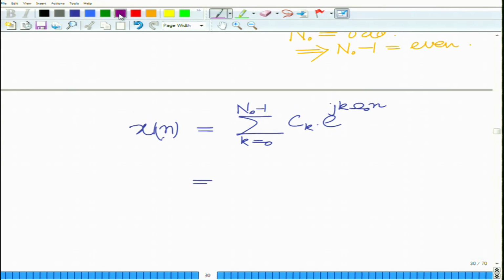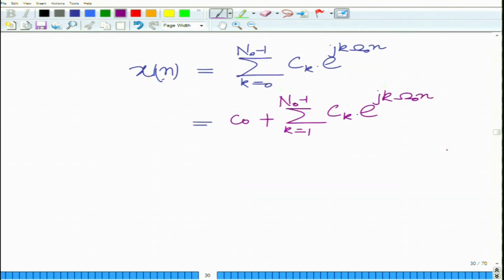Remember, N naught is odd, so N naught minus 1 is even. So, this is C naught plus summation k equal to 1 to N naught minus 1 of C_k e raised to j k omega naught n.